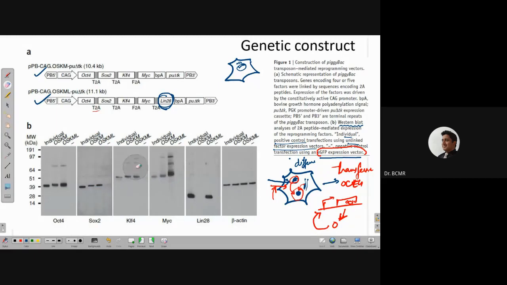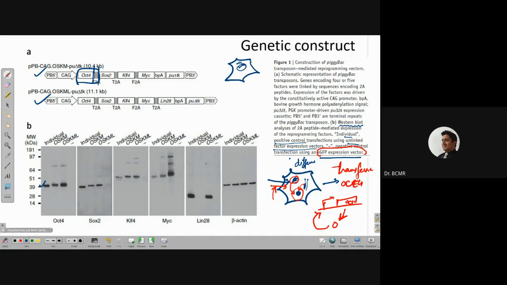The answer is here. If you look at the constructs, this would have been cut here, isn't it? That means OCT4 is actually till here, right? But it is now coming along with the T2A peptide. And that is why it is now increased in molecular weight, and therefore it will travel, move slower than the normal one.